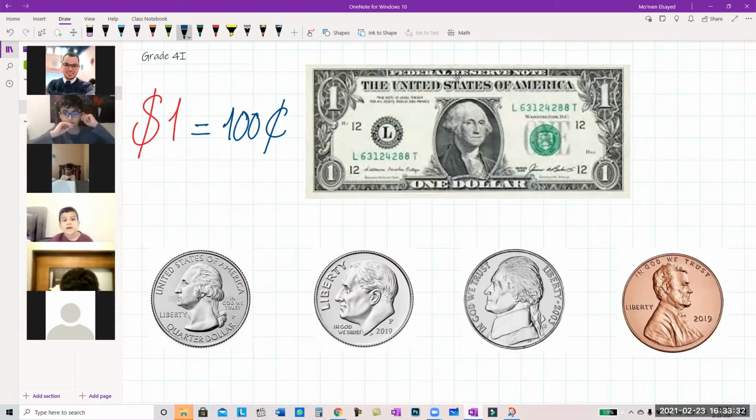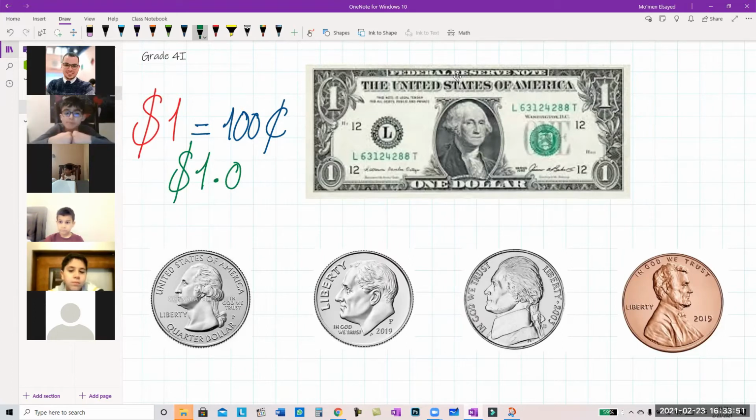If you want to write it as a decimal, you put the one in the whole number part, in the ones place. So it will be just one whole, which equals $1.